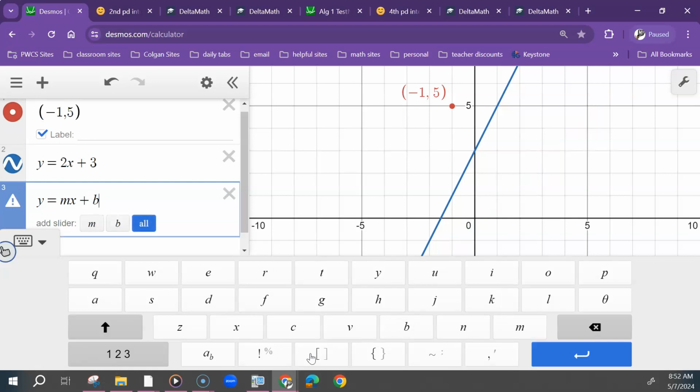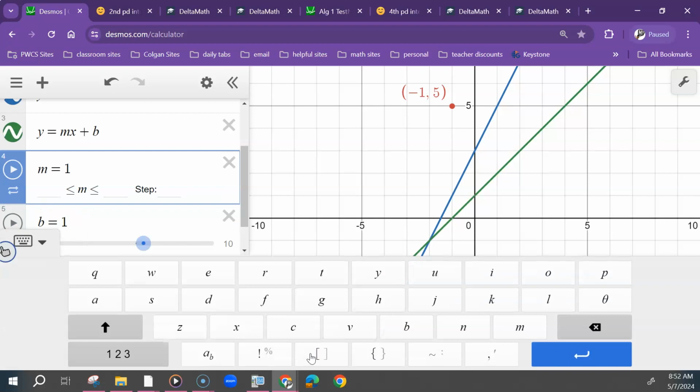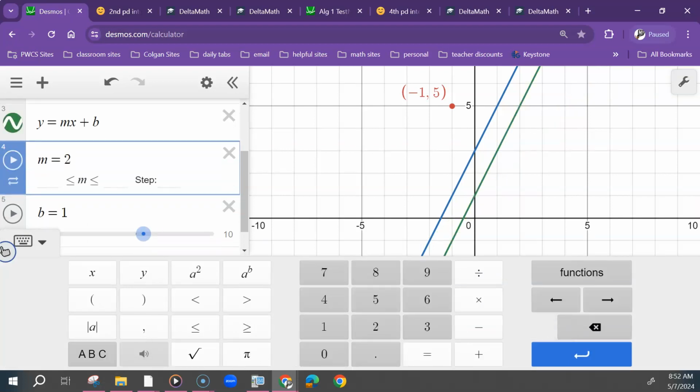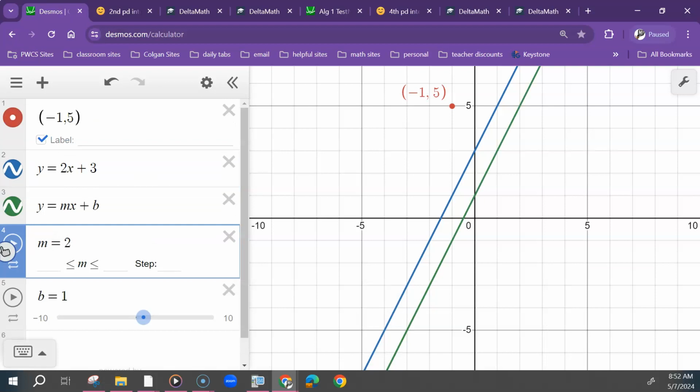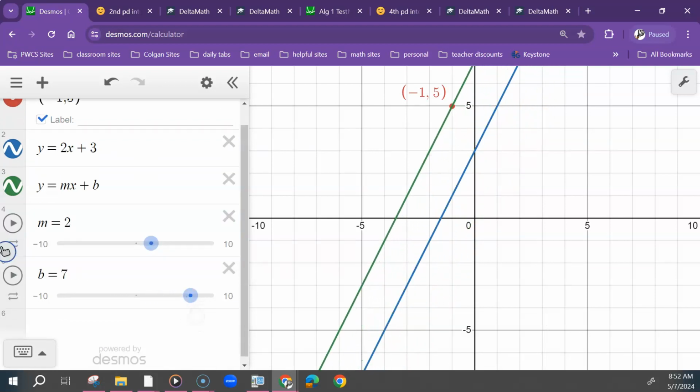Add in all my sliders. And then because this is parallel, the slope has to be the same, so 2. And then I'm going to move my b until it goes through that point. So my equation would be y equals 2x plus 7.